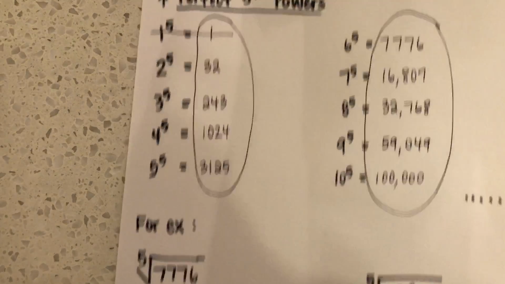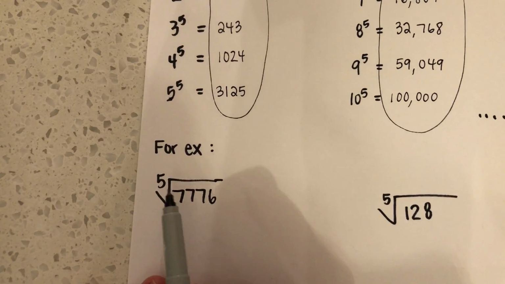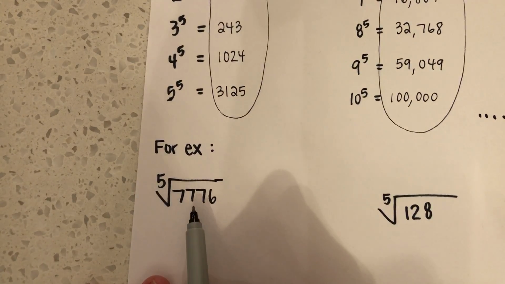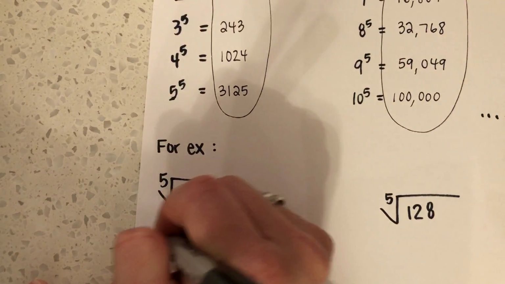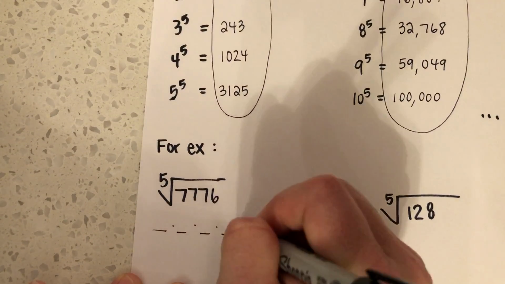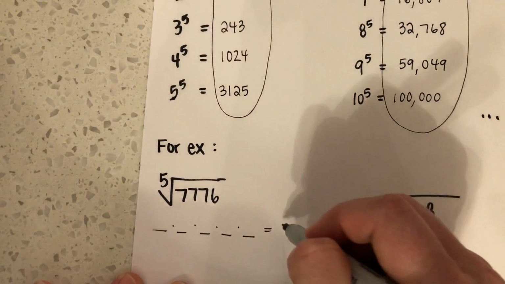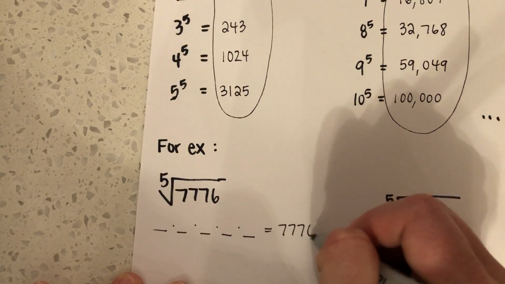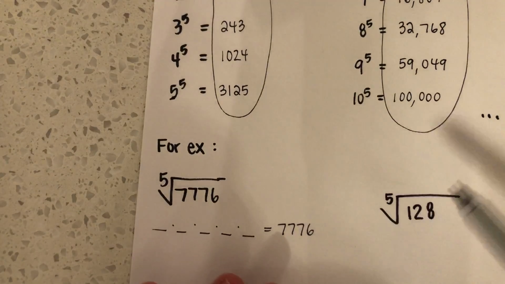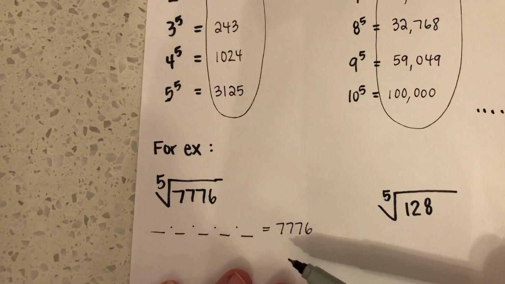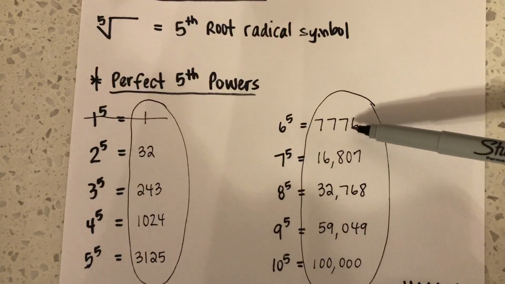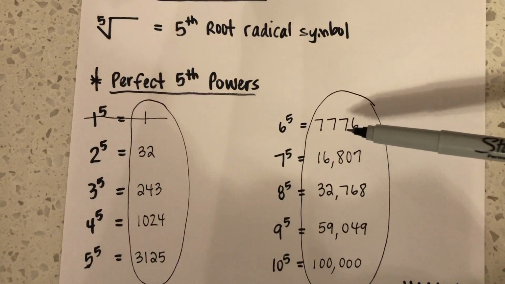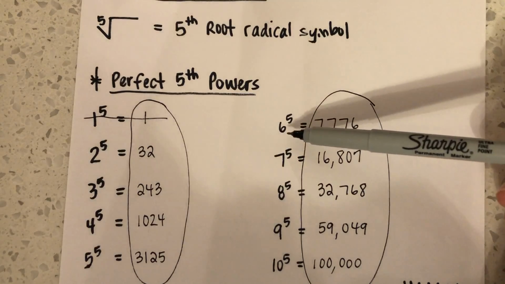Okay? All right, so for example, if I asked you, what is the 5th root of 7,776? I am literally asking you, what can you times by itself 5 times that will end up equaling 7,776? Well, if you look up at your list, you're going to look for 7,776. So it is right here. So that means the 5th root of 7,776 is 6.